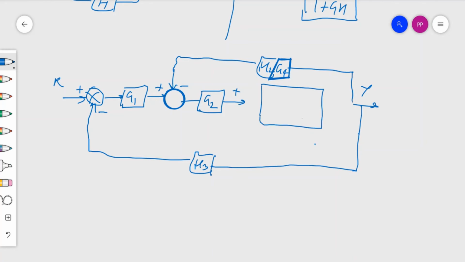of the positive feedback system, because the G3 and G4 will come together. G4 is the output block, so we will write like this, and the positive feedback path will have H1, so definitely we will have minus G4 G3 H1.